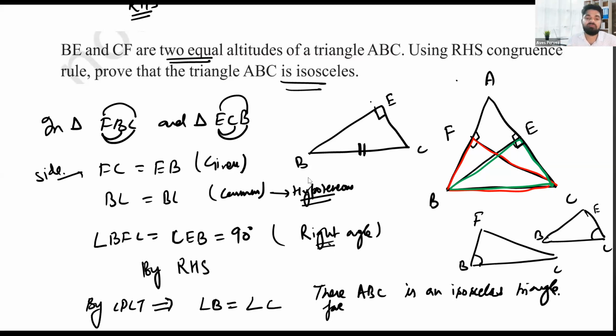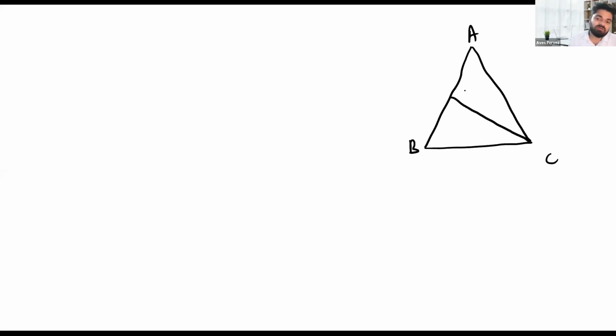She is not. Okay. How can you prove this isosceles triangle by using other triangles? You can also prove this by taking A, B, C, where only the altitudes are given. BE is equal to CF, it has been given to you.